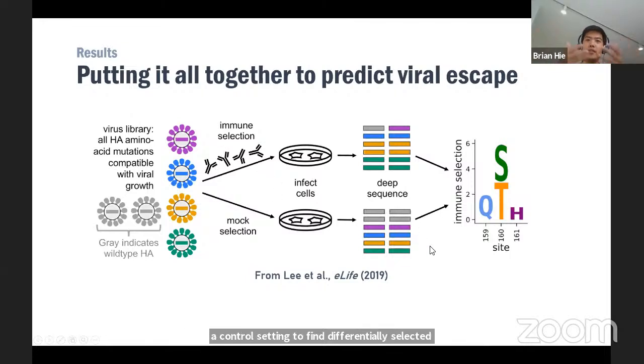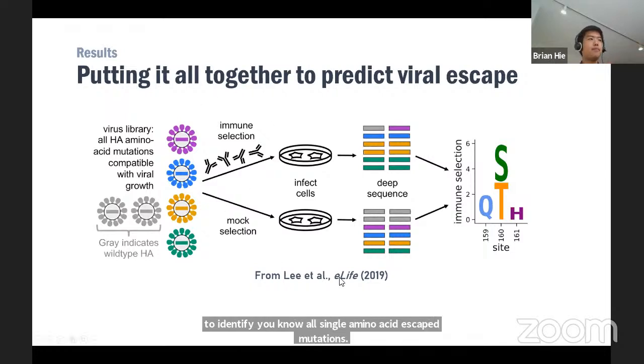In this way, it's a very high throughput way to identify all single amino acid escape mutations to a viral surface protein.